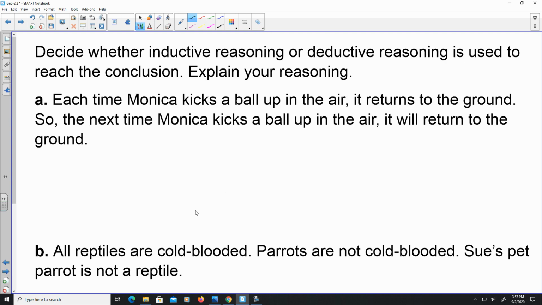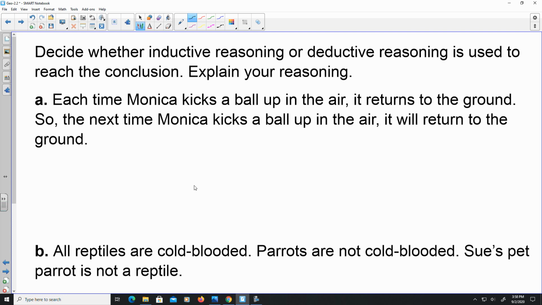All right, so here they're asking you to decide whether inductive reasoning or deductive reasoning is used to reach the conclusion, and they want us to explain your answer. So for part A, it says each time Monica kicks a ball in the air, it returns to the ground. So the next time Monica kicks a ball in the air, it will return to the ground. So they're looking into the future, for instance.